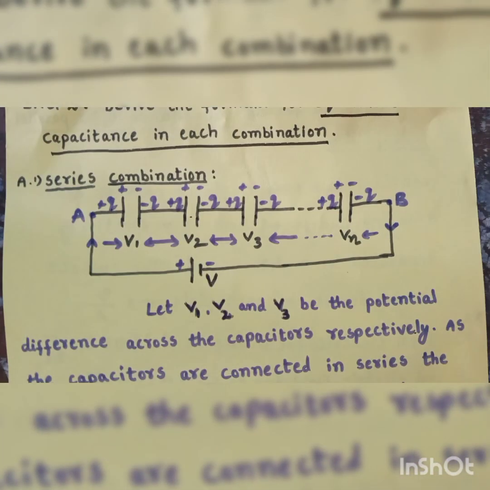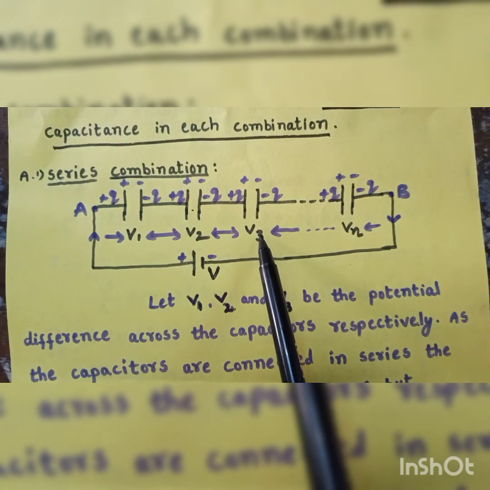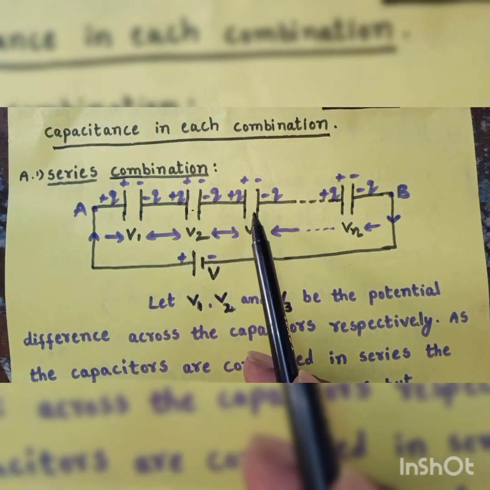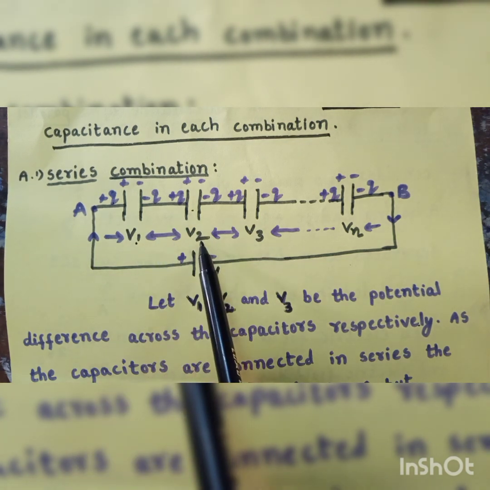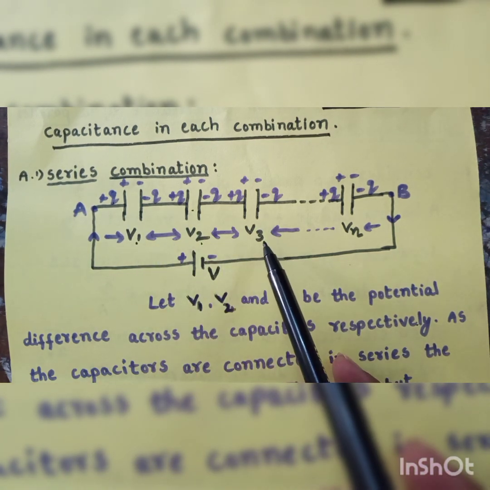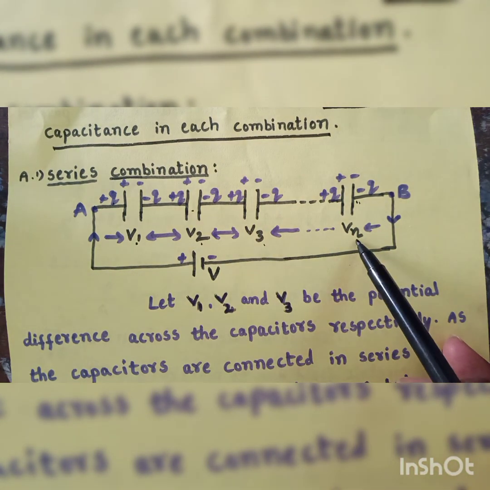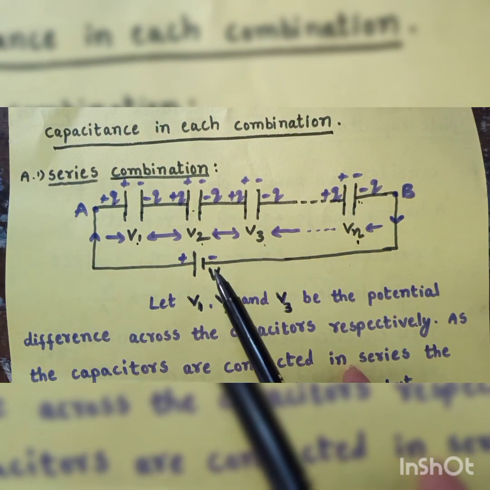Now come to the diagram. Let V1, V2, V3 be the potential difference across each capacitor. The first capacitor's potential difference is V1, the second is V2, the third is V3, the nth capacitor's potential difference is Vn. They are connected in which combination?